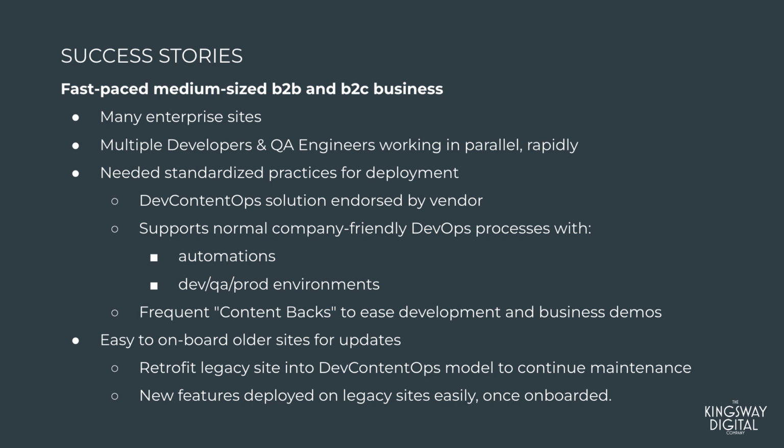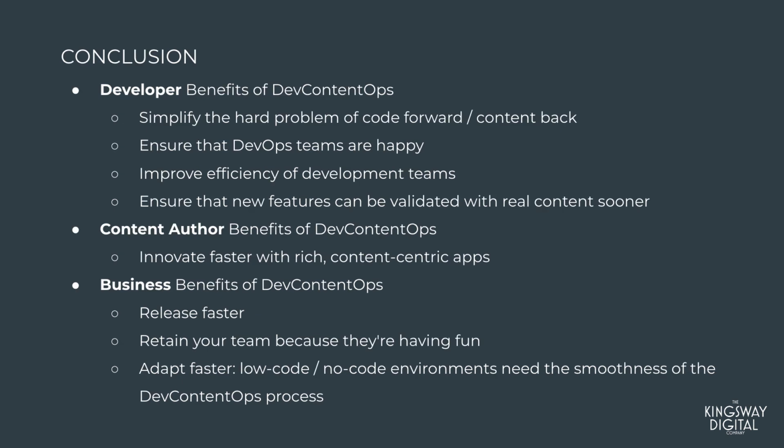It's very easy to work with these solutions. So both new projects being deployed on the DevContentOps model, as well as existing legacy projects being brought on board, can work equally well throughout this system. To conclude, employing a DevContentOps approach simplifies the hard problems of code forward and content back.